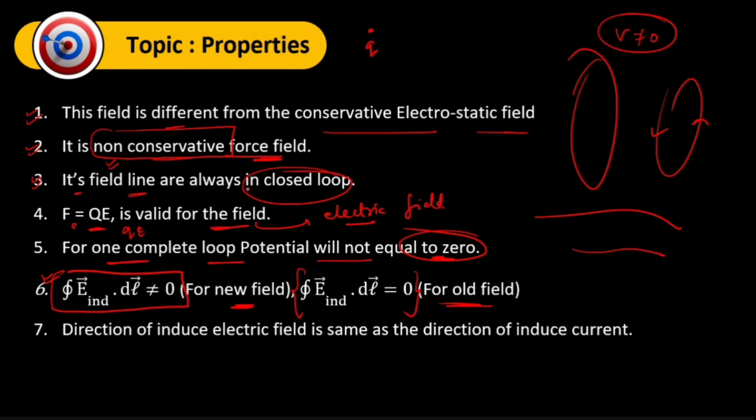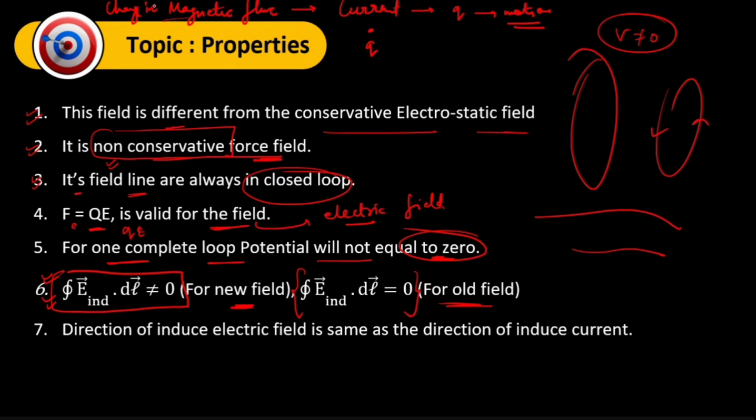Now, understand it this way: if there is a change in magnetic flux, it will ultimately induce current. It means we ultimately put charge in motion. So if charge is in motion, there must be some field, that is the new field that will arise due to the motion of the charge. So this product is not going to be zero.